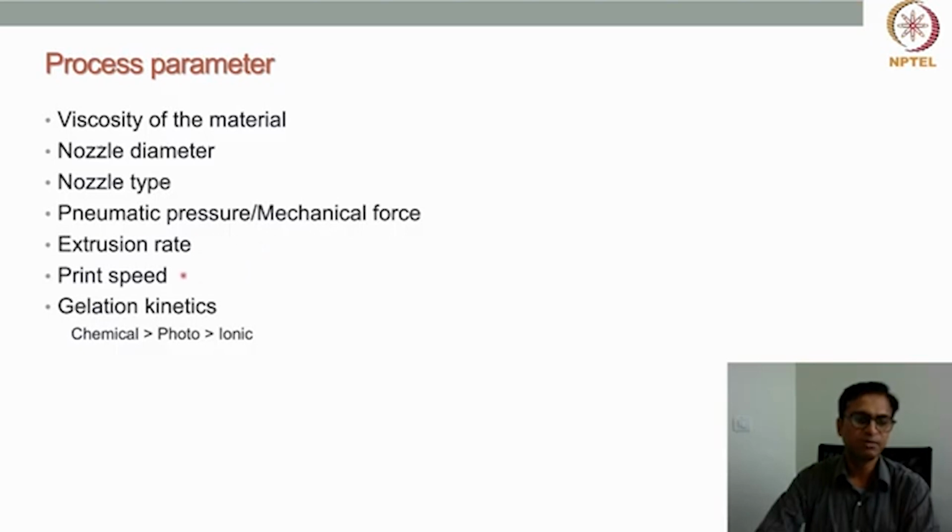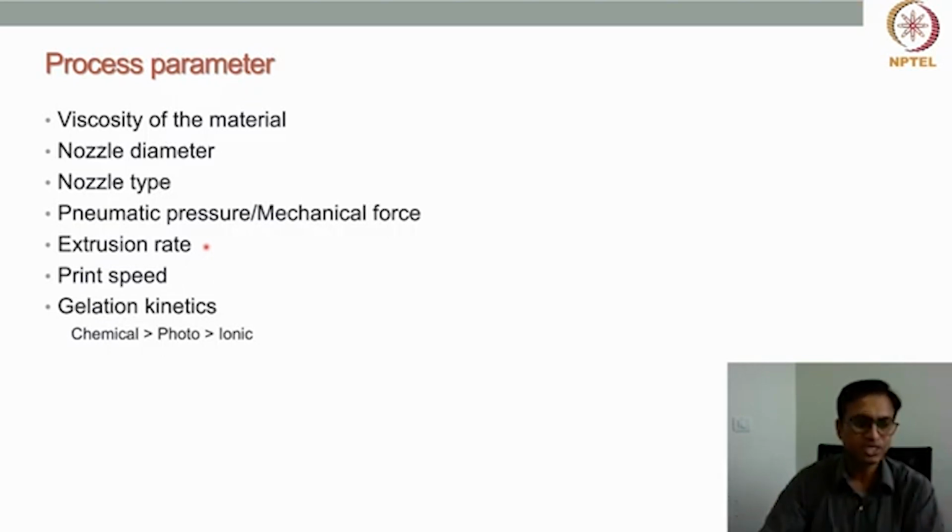Print speed is another parameter, the rate at which the print head moves during printing. The print speed should be in accordance with the extrusion rate. Suppose we set a certain extrusion rate, the print speed should be such that the material comes out so that we are able to make a very good line or structure.